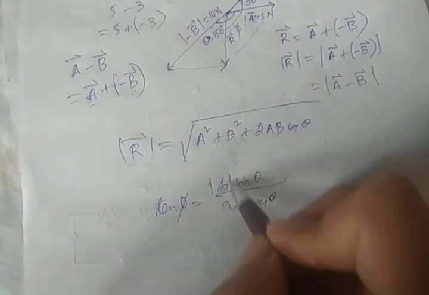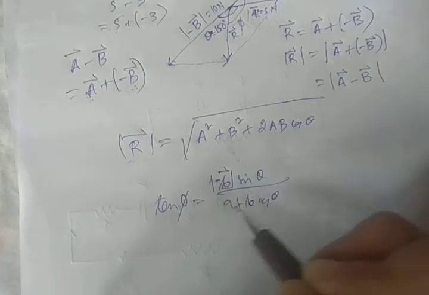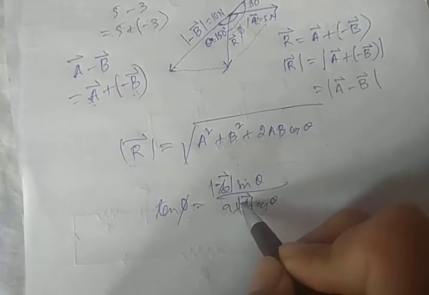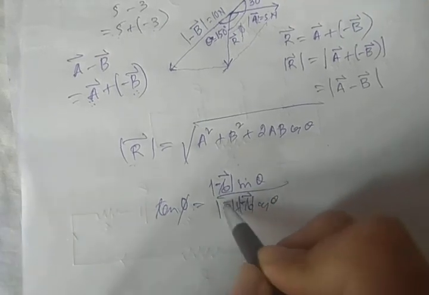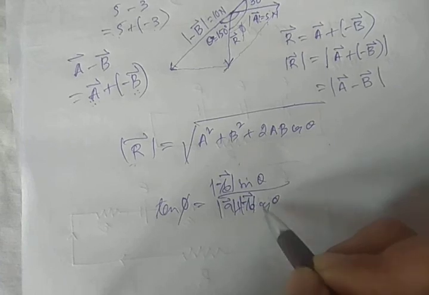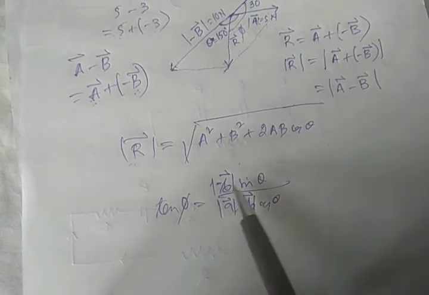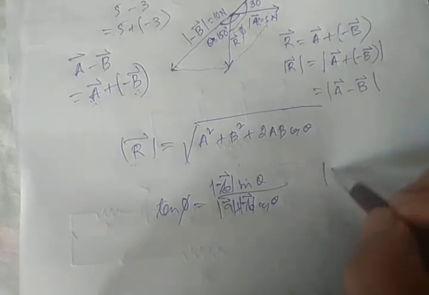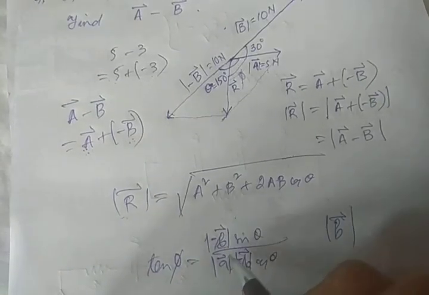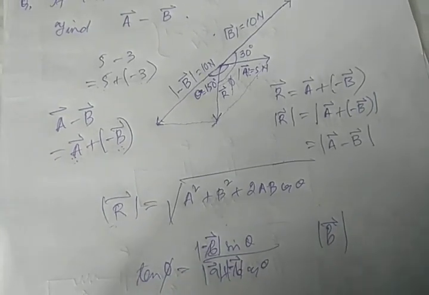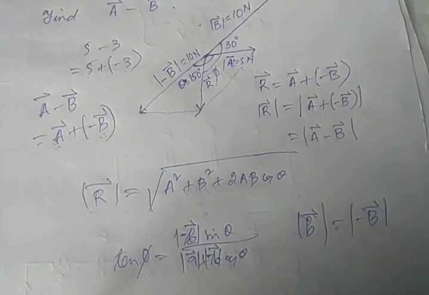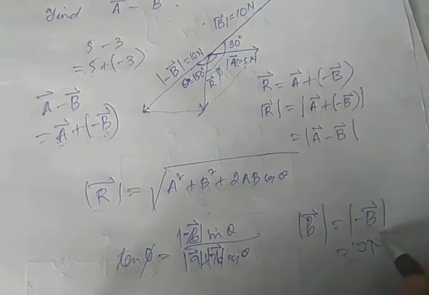To write it precisely, it should have been modulus of vector minus B sine theta divided by modulus of vector A plus modulus of vector minus B cos theta. But of course, modulus of vector B and modulus of vector minus B are one and the same, which is 10 newtons in this case.